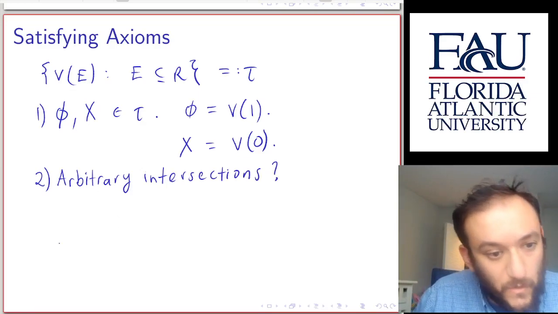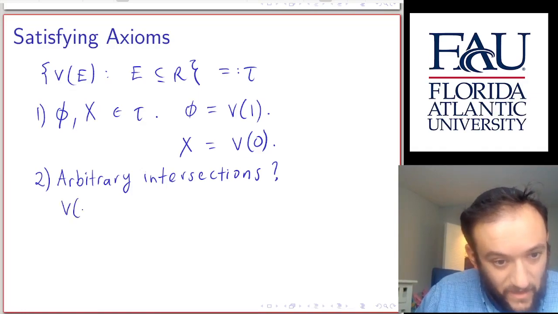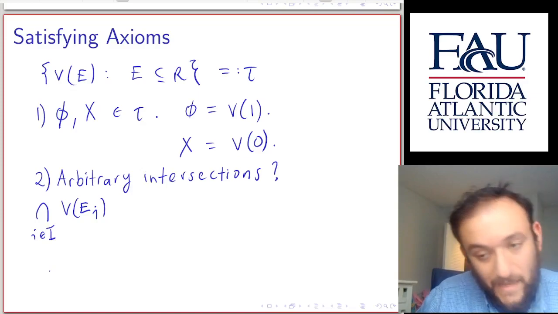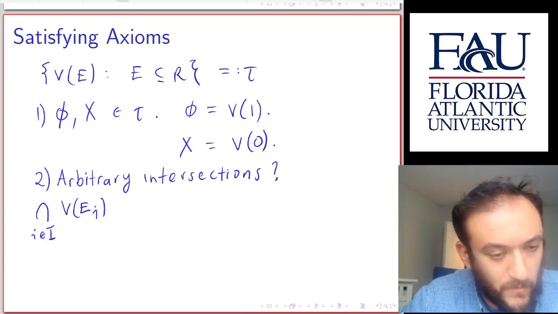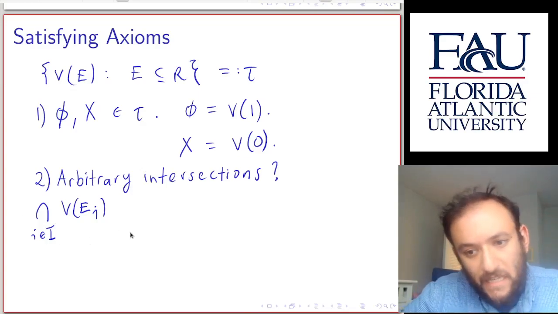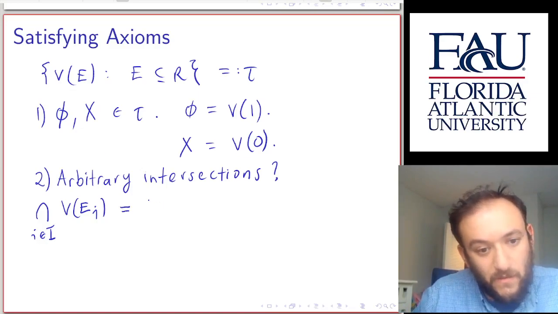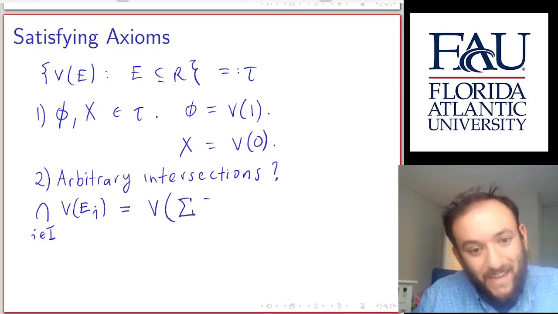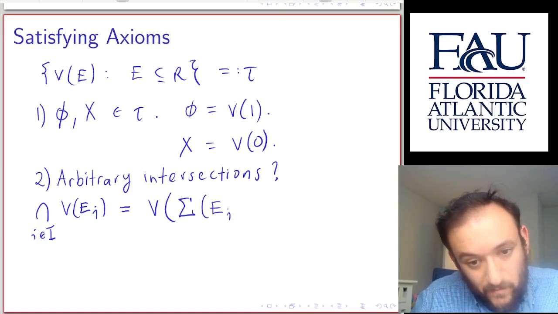If we have V(E_i), where i is in some index set, then we claim that this intersection is actually equal to V of the sum of the ideals generated by each of the E_i. Okay?